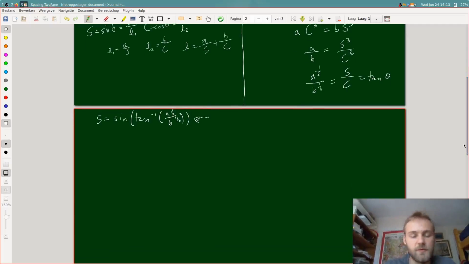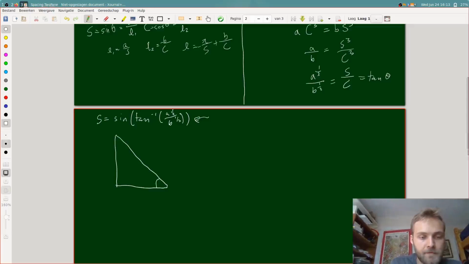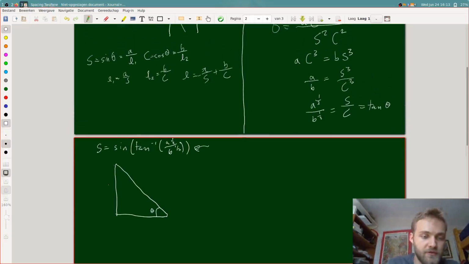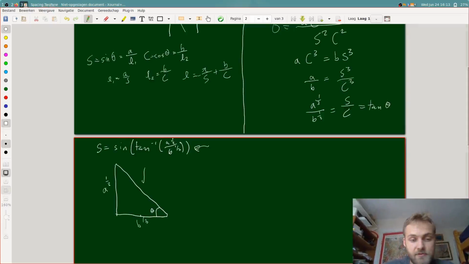Like, there's some formula, but I can never remember. What helps is to draw the triangle. So we have theta here, and then tan theta being A to the 1/3 over B to the 1/3 means that there's a triangle with A to the 1/3 as the opposite side and B to the 1/3 as the adjacent side. And then the hypotenuse from the Pythagorean theorem is the square root of A to the 2/3 plus B to the 2/3.